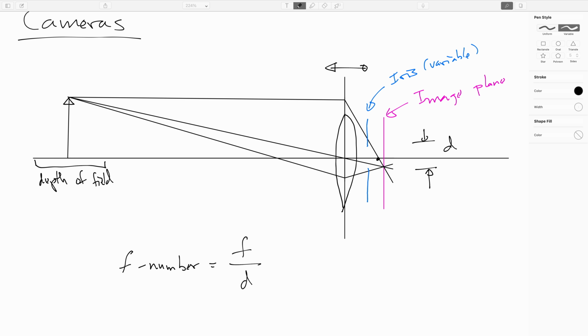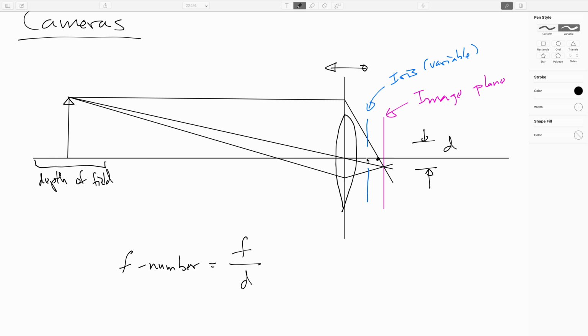Now, if you look at a lot of cameras, you'll see that the choices of aperture that the lens will have available for you increase by factors of the square root of 2. This is because the area of the aperture, since it's a circle, goes the square of the diameter.